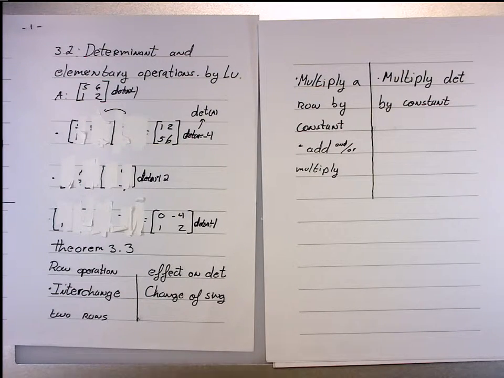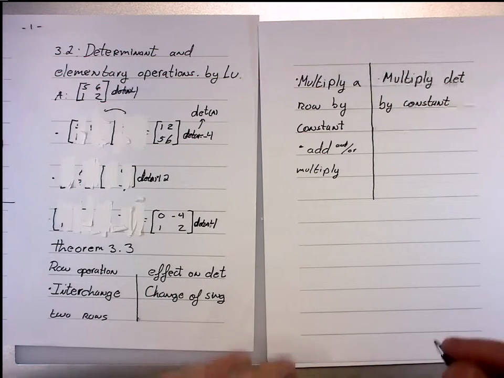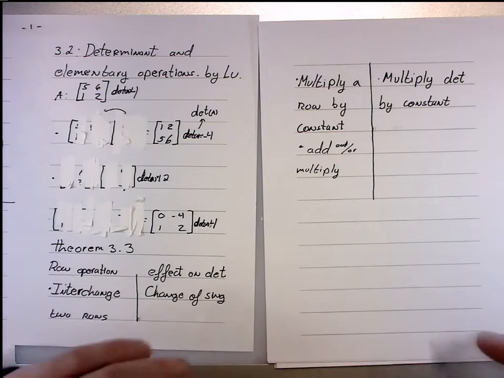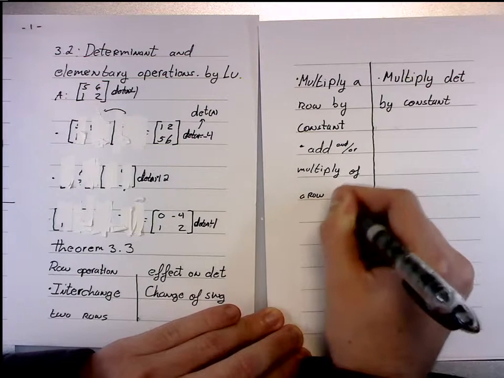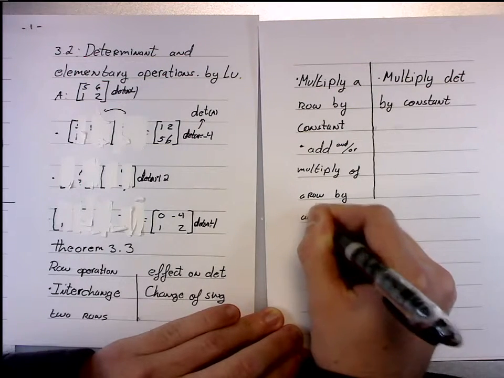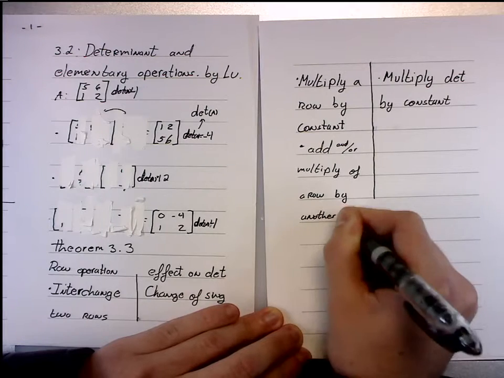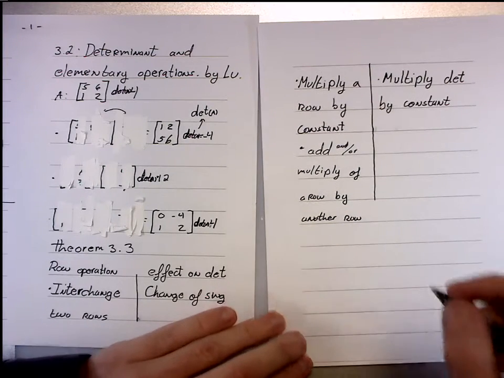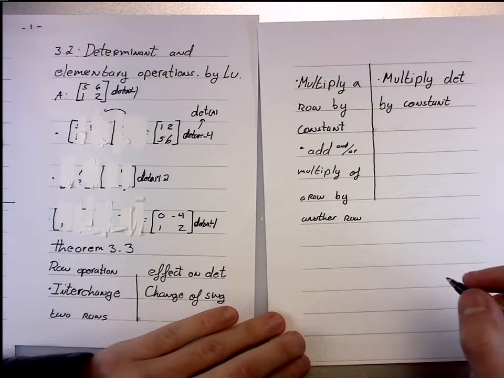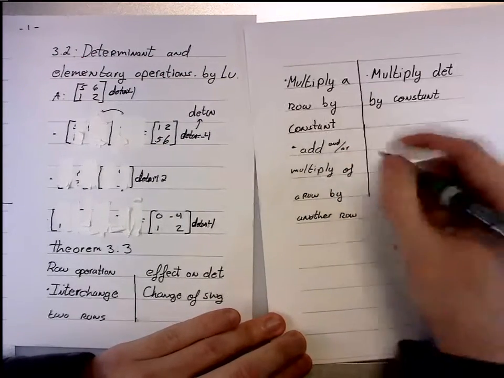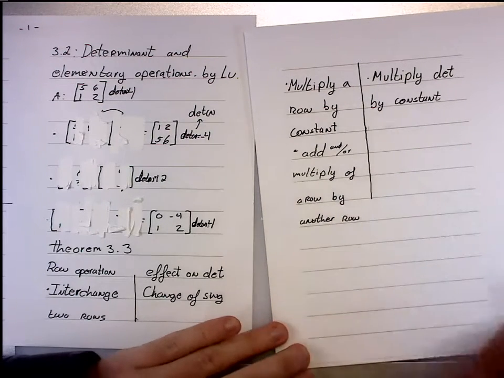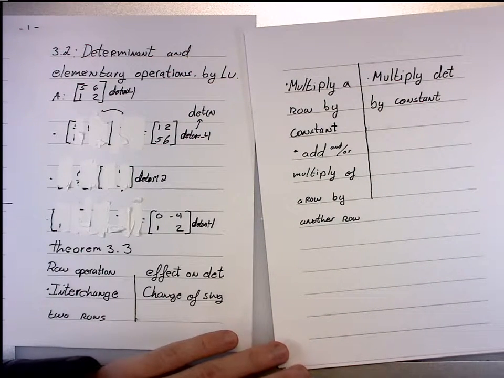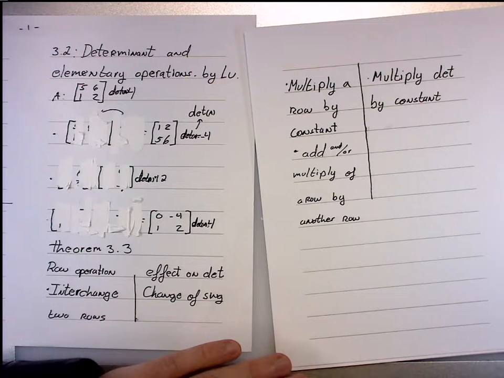So add and/or multiply a row by another row. You can just add them, or you can add and multiply.